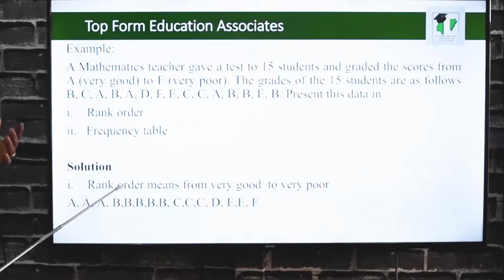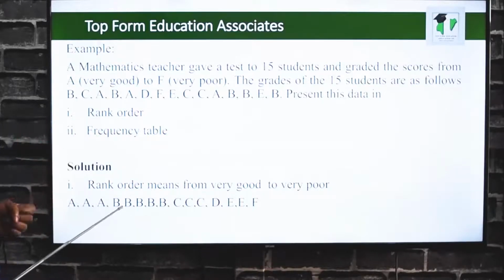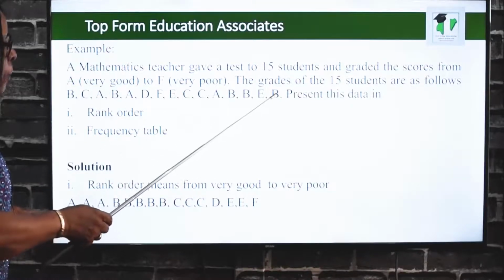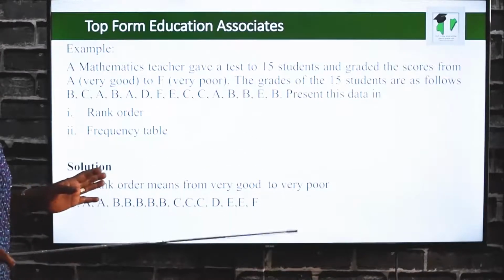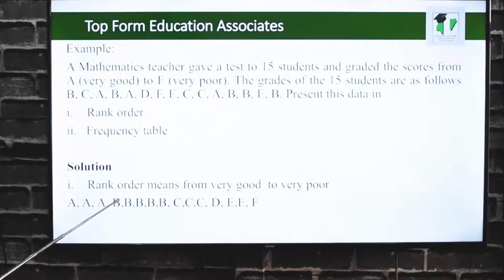You don't say just A. You say A into the number of times. Then B occurred how many times? 1, 2, 3, 4, 5. We have 5 students coming out with the grade B. You show 5 students. B into 5 places. 1, 2, 3, 4, 5.